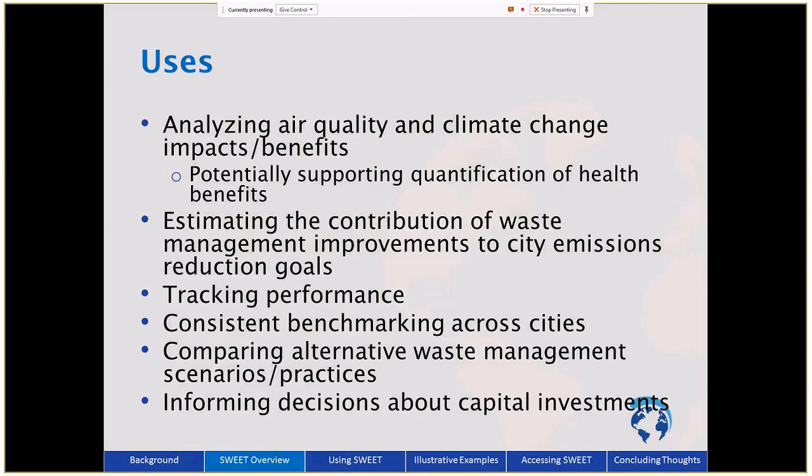The tool can also be used to track performance and compare cities. Also, it can be used to evaluate alternative waste management scenarios and practices, and it can help inform decisions about capital investments.